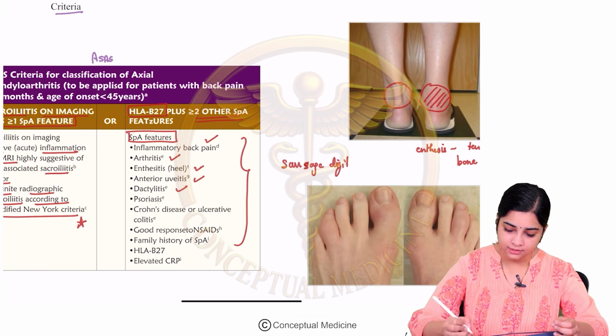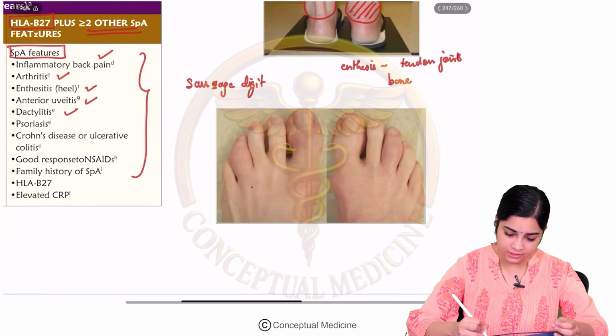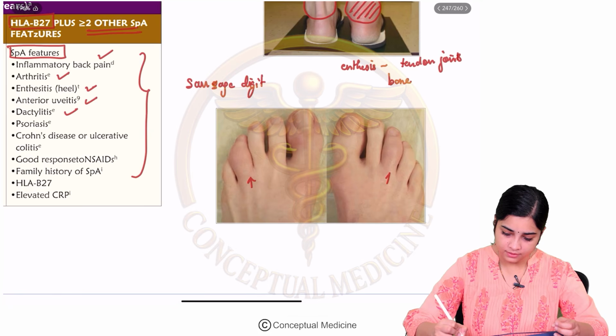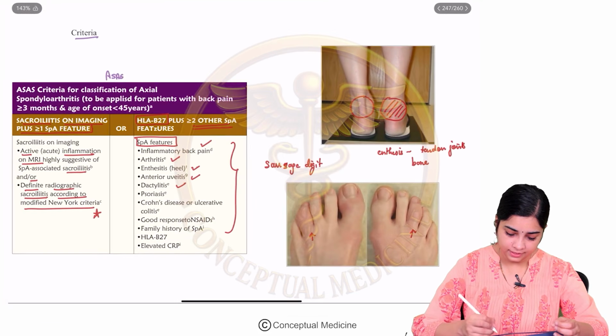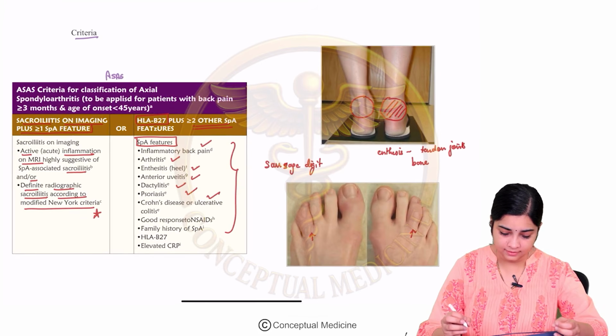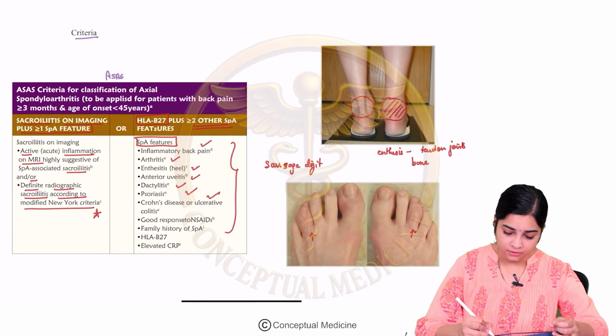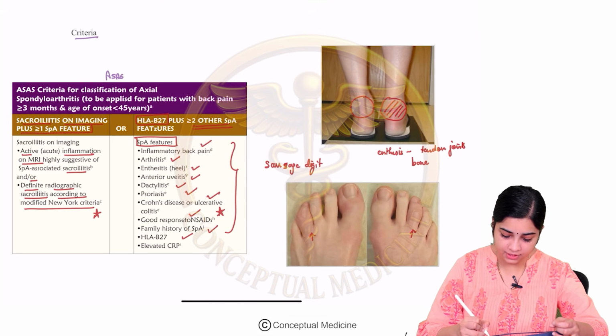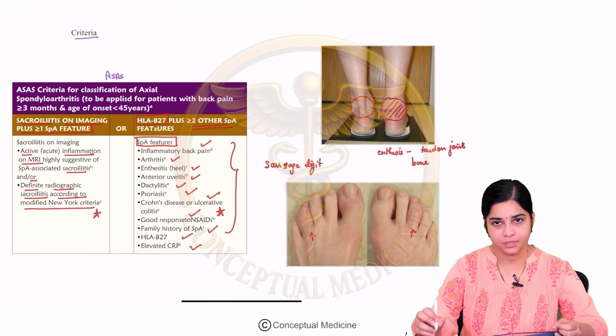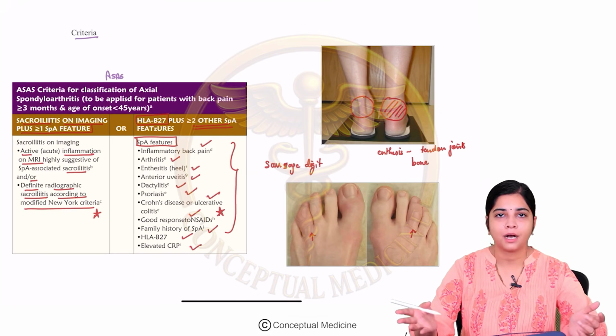So one of the digits can get inflamed like this. Can you see here? So this is your dactylitis. Then presence of psoriasis, presence of Crohn's disease or ulcerative colitis, good response to NSAIDs, family history of SpA, HLA-B27, elevated inflammatory markers, all of these are SpA features.